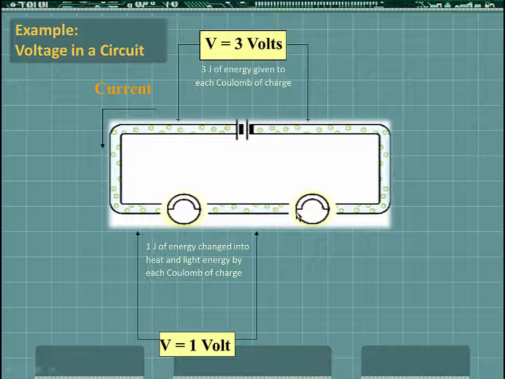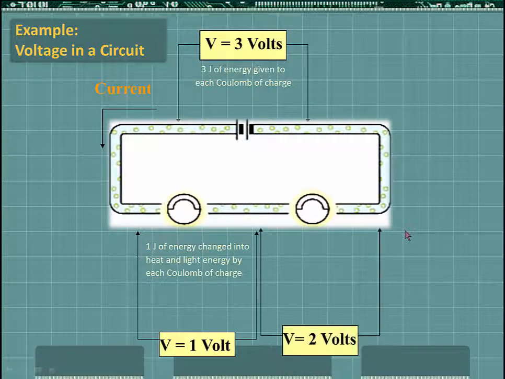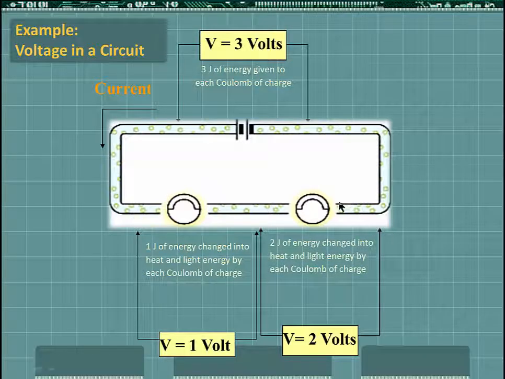Let's take a look at what's going to happen now for this second light bulb. If we used up 1 volt across this first light bulb, then across this second light bulb, we must use up 2 volts of electric potential. What that means is 2 joules of energy will be converted into heat and light for each coulomb of charge that flows through this bulb in order for the circuit to conserve energy, because we had 3 joules to start with.